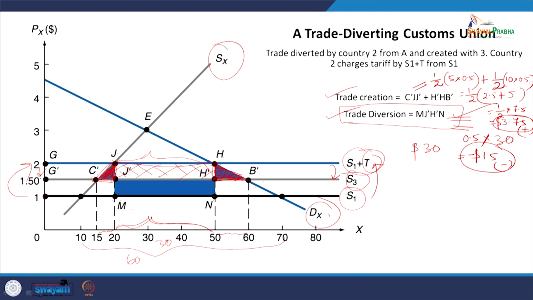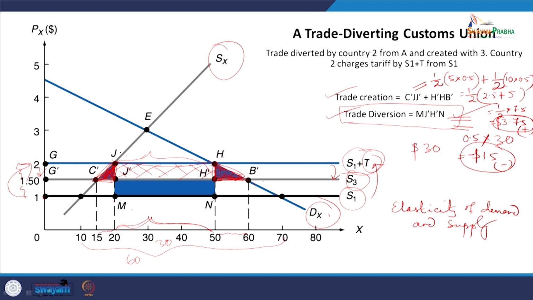Here we have marked equal changes between these two distances. So the magnitude of change depends upon the elasticity of demand and supply, because this triangle area or the rectangle area is dependent on the responsiveness of both.